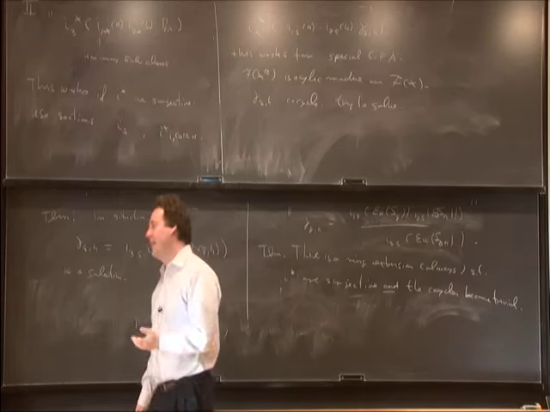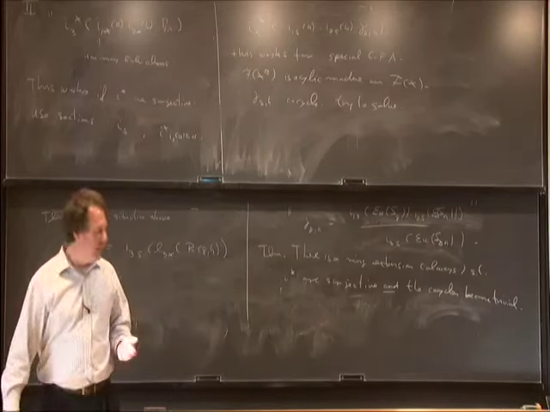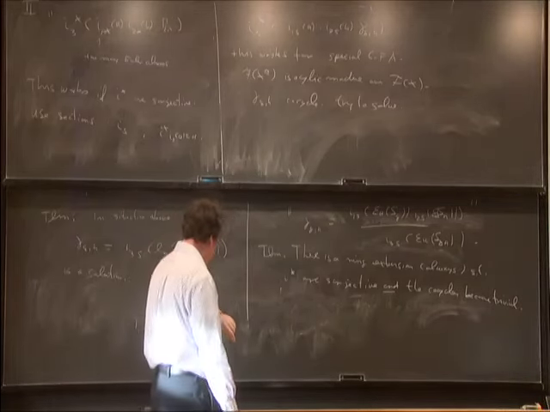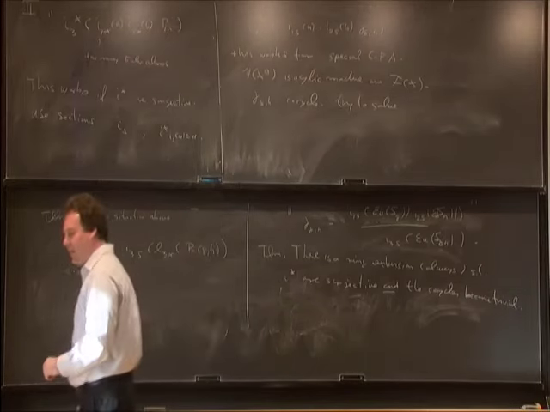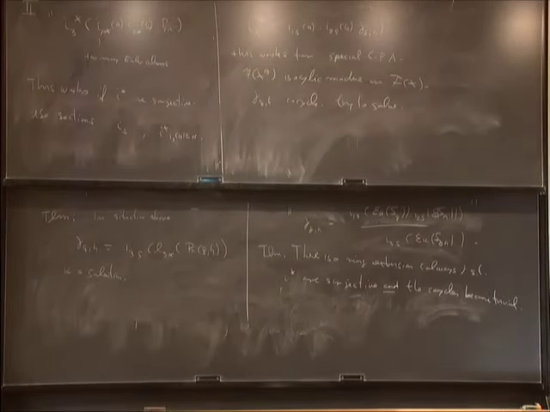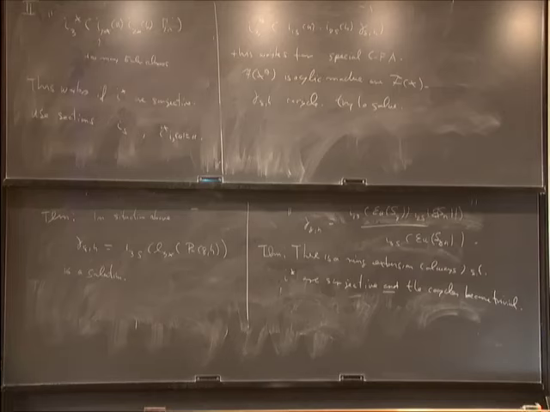But what's the idea? Let me write down one formula, which is already a true formula, and then you can see what the aim is, and the rest is just some technical construction.